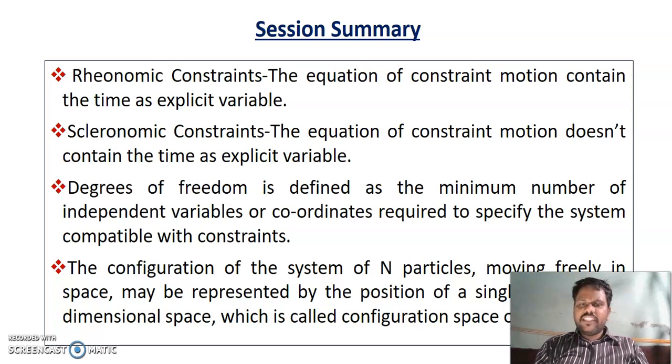The configuration of a system of n particles moving in space may be represented by the position of a single point in 3n dimensional space, called the configuration space of a system.